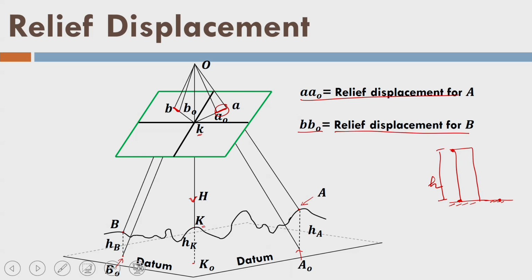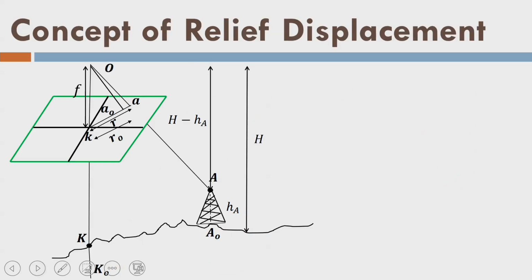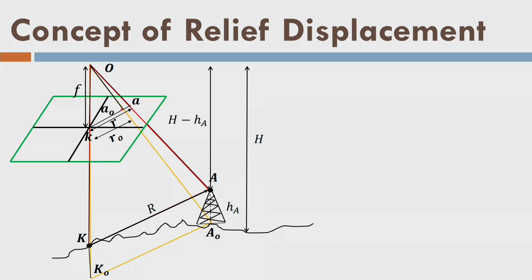So, now let us try to understand the concept again. Let us say there is a tower, and I want to do some mathematical derivation. So, this is the one triangle. I can say that point r0 shows the location of A0 here, right. Let us look into this. So, this distance is R, and this is point A0 and this point is a here.